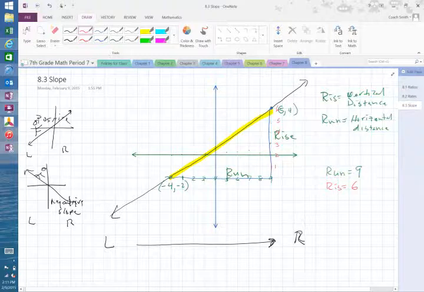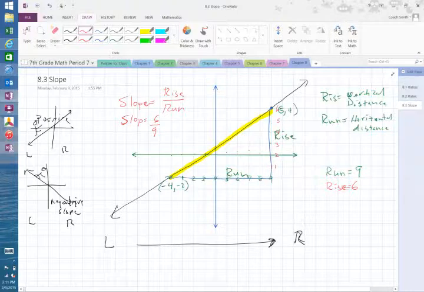Now, the slope formula. Slope is equal to the rise number over the run number. So that means for this line, slope is equal to 6 over 9.